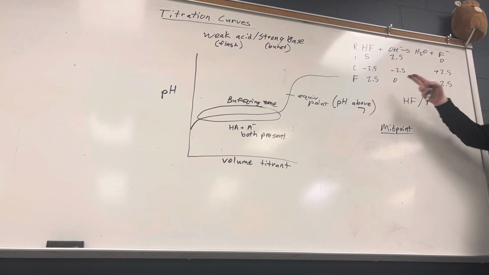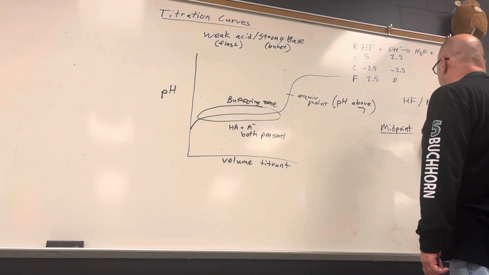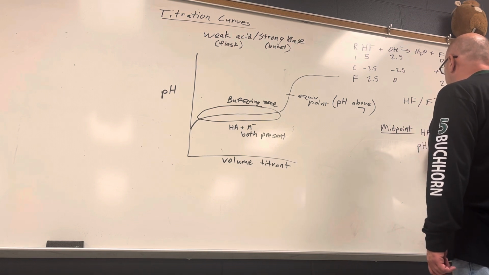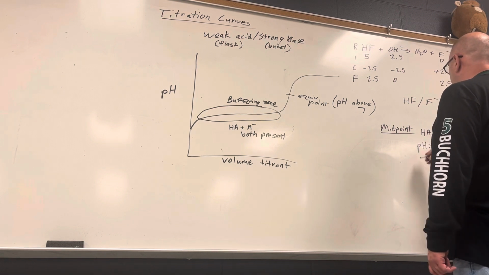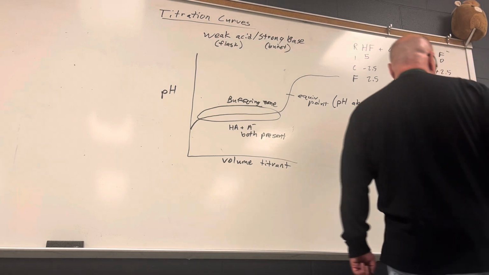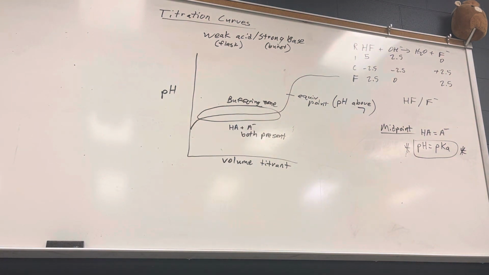We're doing 2.5 over 2.5. So HA equals A minus, and pH is going to equal the pKa. And that's very important. College Board loves to test that. I'm going to show you an example of the type of question they ask just about every single year on the AP test.